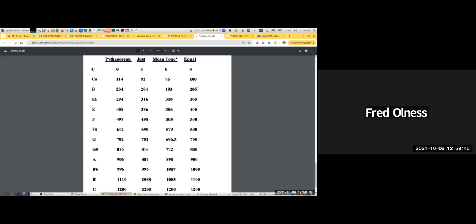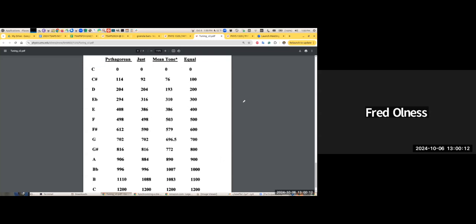If I transpose that from one key to another, in principle, it doesn't matter at all what key I play. So if I do Bach's Well-Tempered Clavier, I could transpose any one of those 24 preludes and fugues, well, actually 24 times 2, into any other key, and it would sound just the same on an equal tempered instrument.